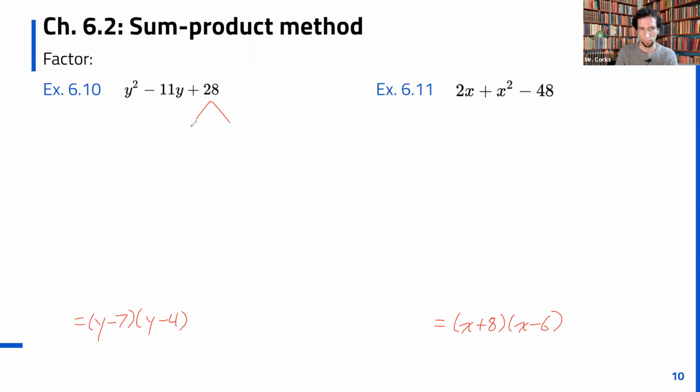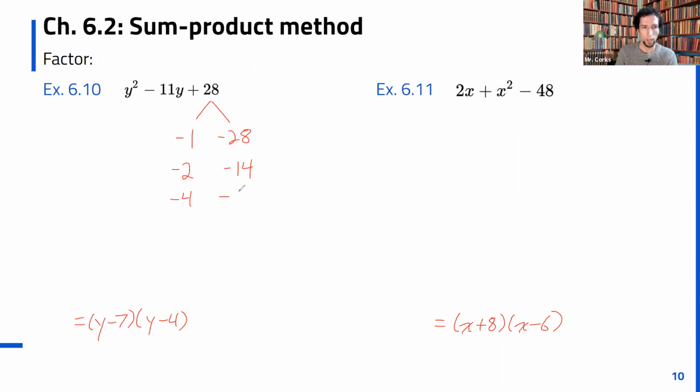2 with 14. Okay, so 1 and 28, don't forget that one, because that could be one of the solutions. So -1, -28 would be the first one, then -2 and -14. Do we have any other factors? -4 and -7.